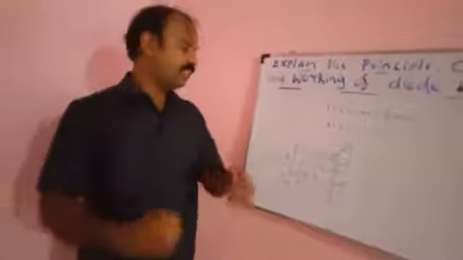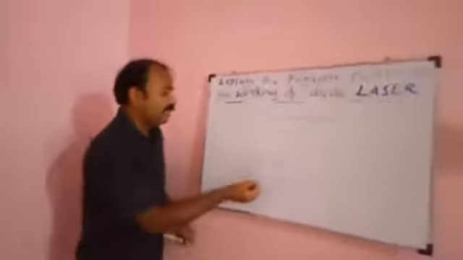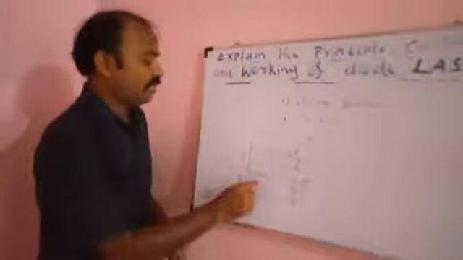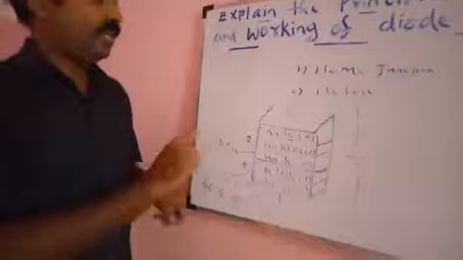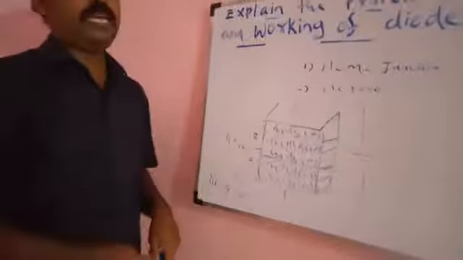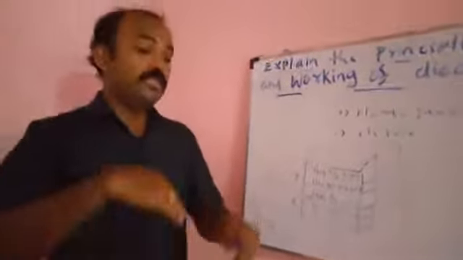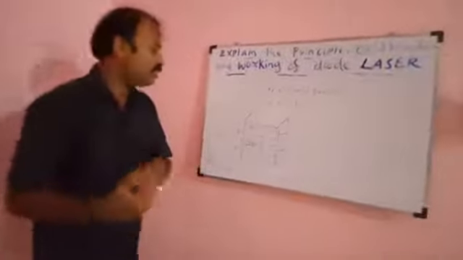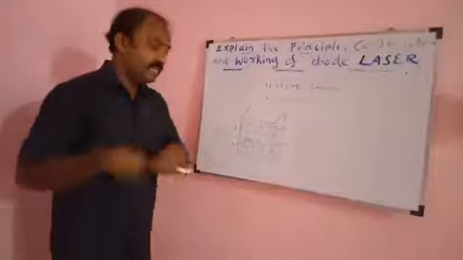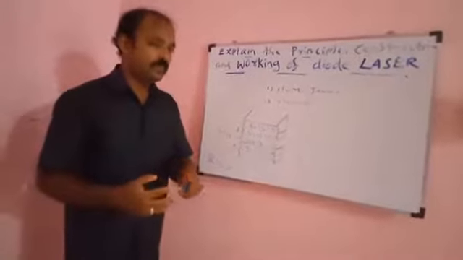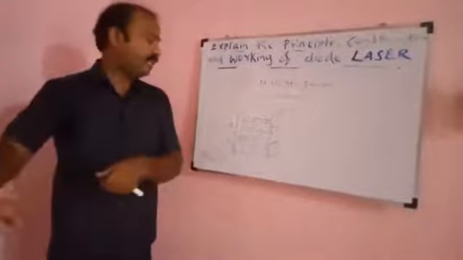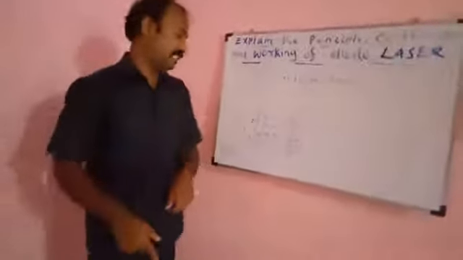Now in the active region, the electrons from the fourth layer and holes from the second layer are entering. Now the recombination process takes place. As a result of recombination, there is an emission of energy in the form of light.